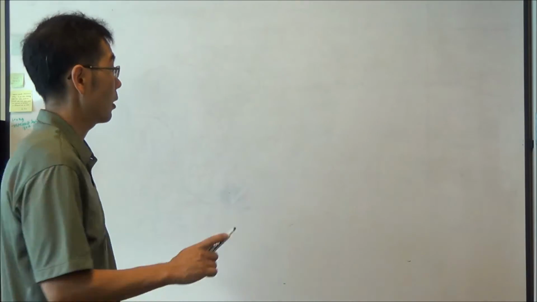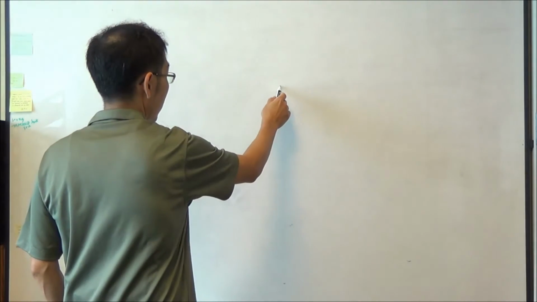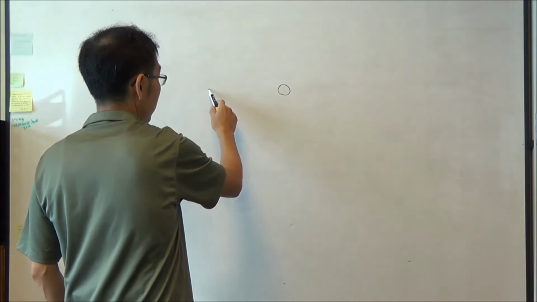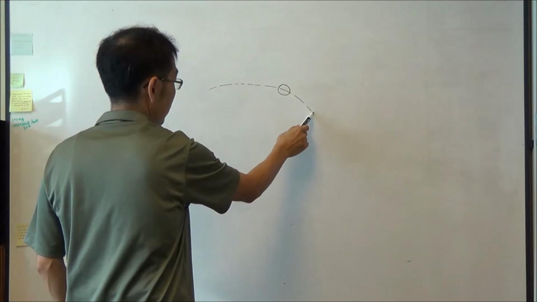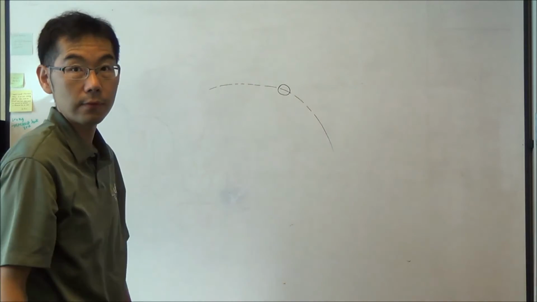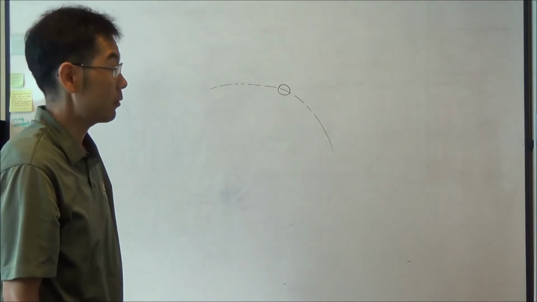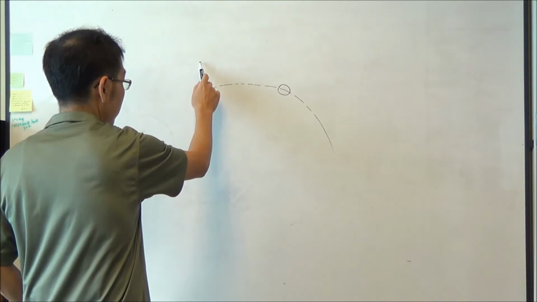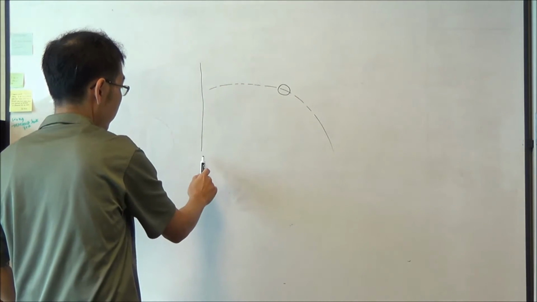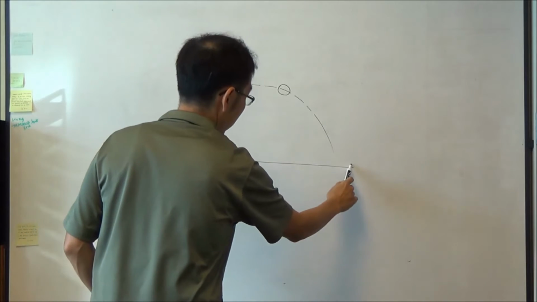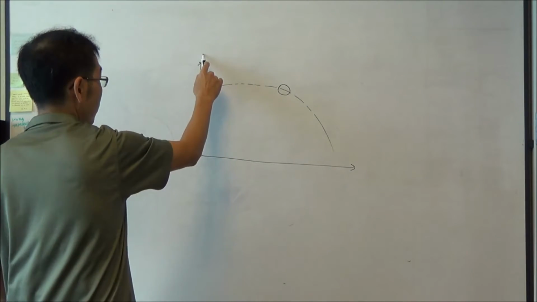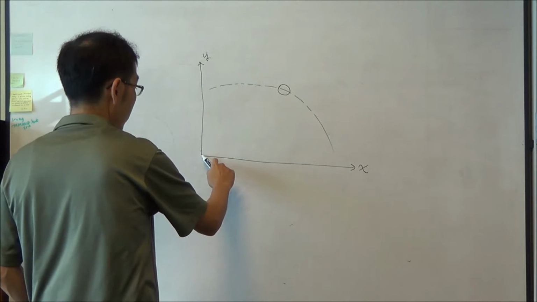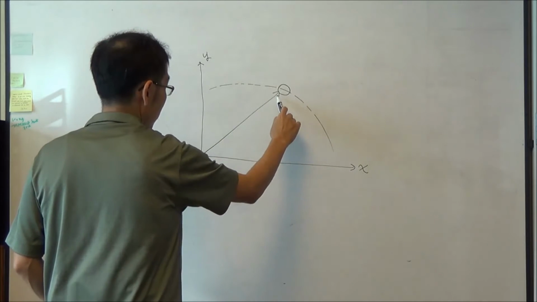rectangular coordinates. So we have a particle, and this one is just following the curved path, and we have a rectangular coordinate system y and x, and then as we did, we just make a position vector.